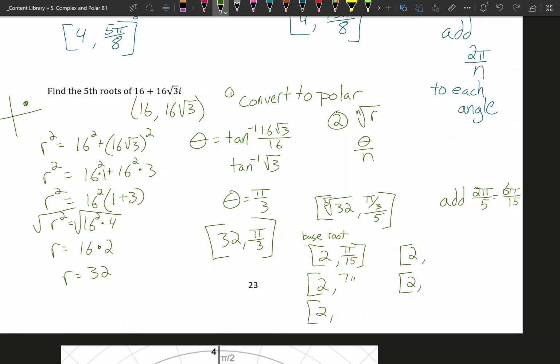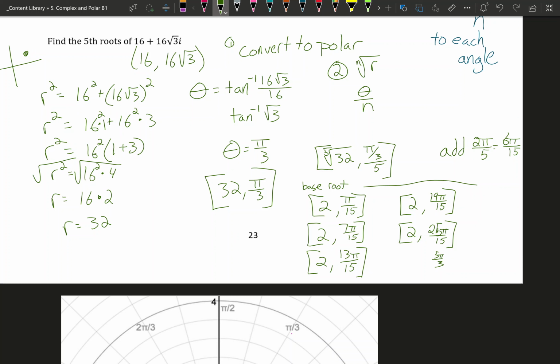So then we have 7 pi over 15, 13 pi over 15, 19 pi over 15, and then 25 pi over 15, which, if you would like, you could simplify, factoring out a 5, so you have 5/3 pi. These are our 5 fifth roots of 16 plus 16 root 3i.